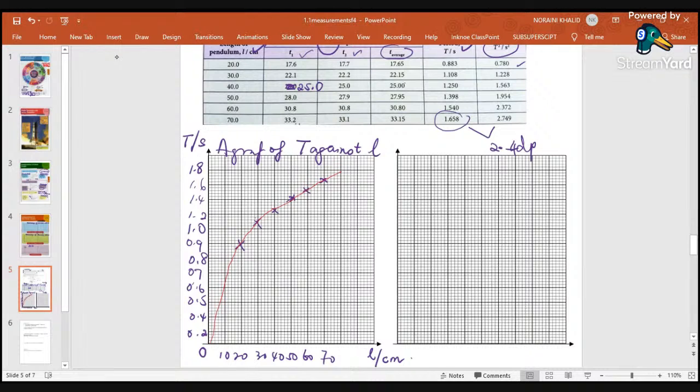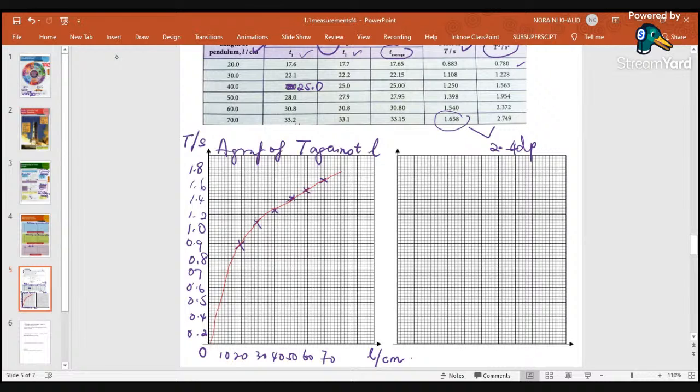Something like this. Make sure you draw a best fit line. If the line can pass through all the points, that is a good graph or good data. If not, you need to balance the points above and below. So the best fit line you must draw.